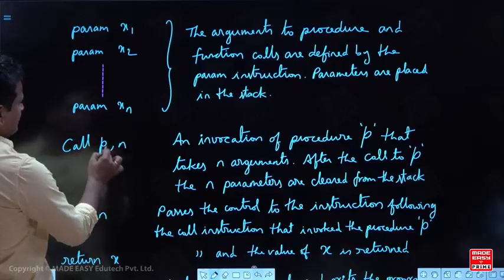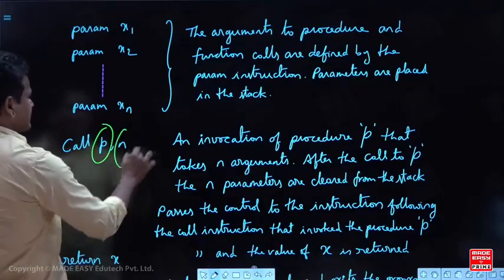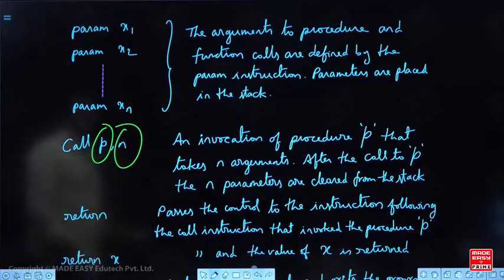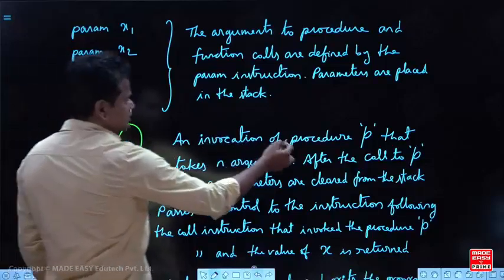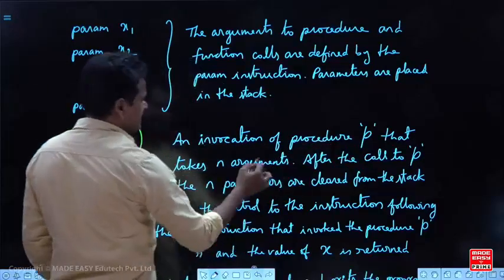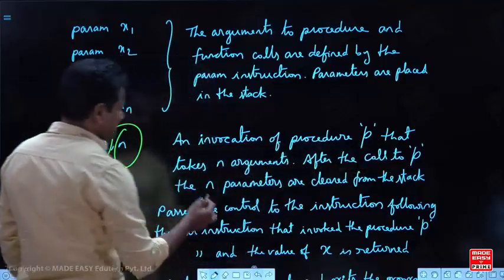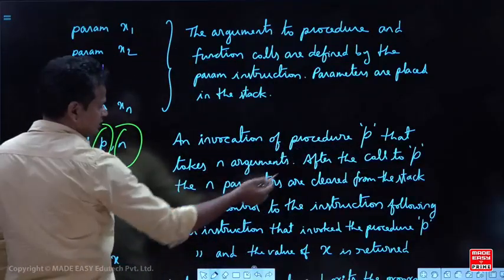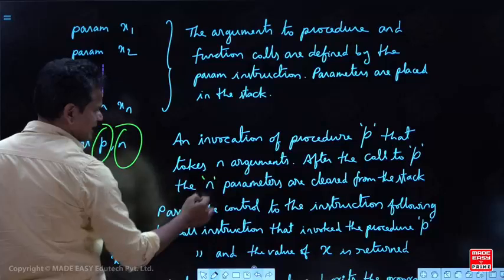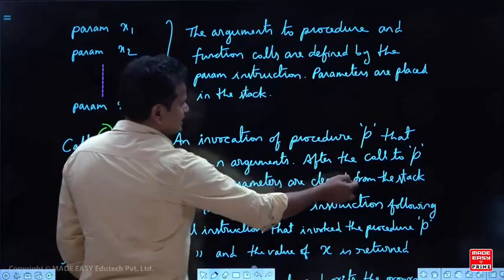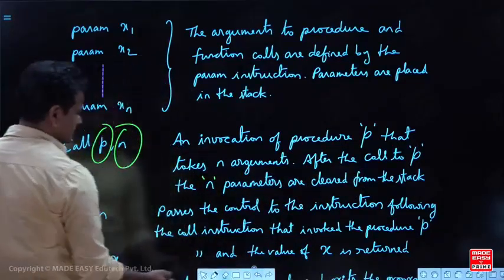P is the procedure name and n is the number of arguments. After the call to P, the n parameters are cleared from the stack, meaning removed from the stack.